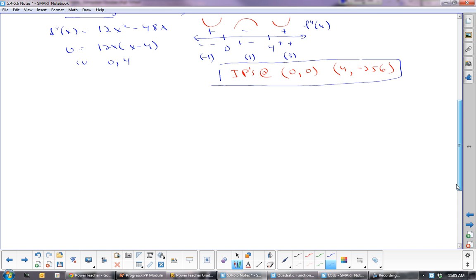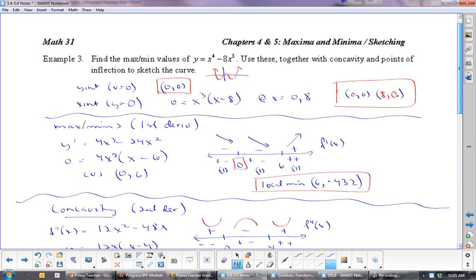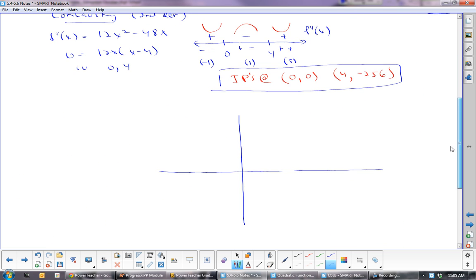Okay, let's see what this thing is going to look like. So this is my x-intercept and my y-intercept. And I'm going through 8, 0 as well.